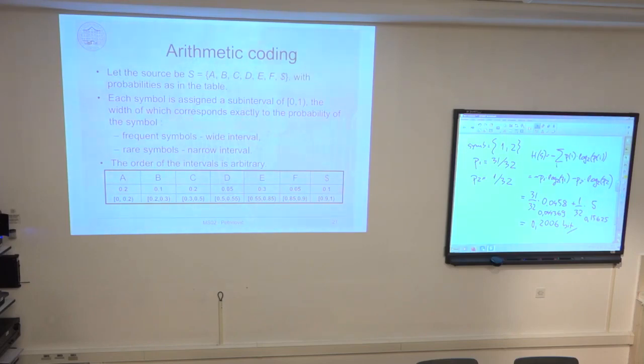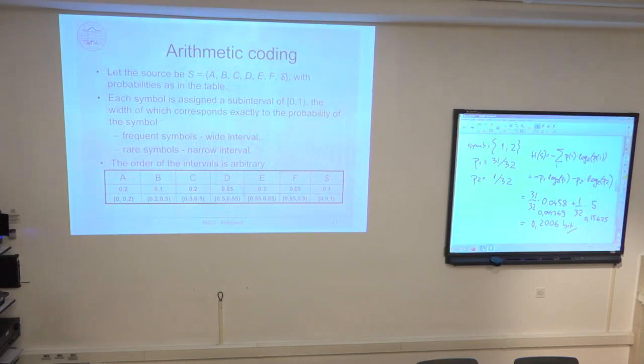The idea was to simply divide the interval from 0 to 1, representing the total probability of all symbols in the source. So this is the interval from 0 to 1. And I have, for example, in this case, 6 symbols and one additional symbol, $, that will be used to represent the end of the message. So I have an alphabet that has only 6 letters, A, B, C, D, E, F, and the last symbol, $, to represent the end of the message.